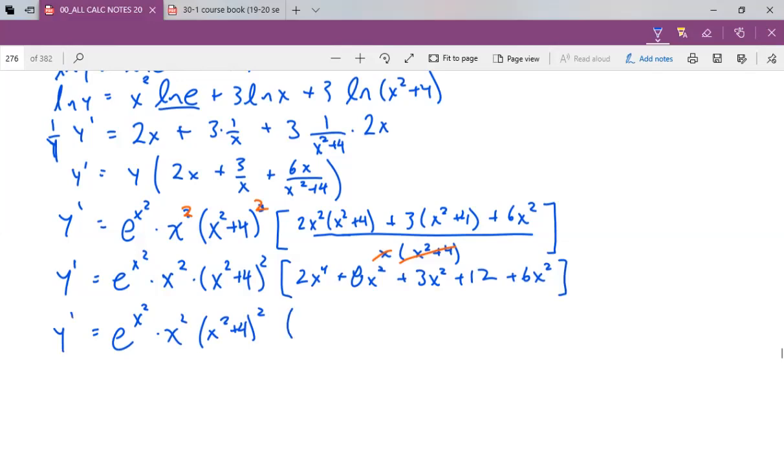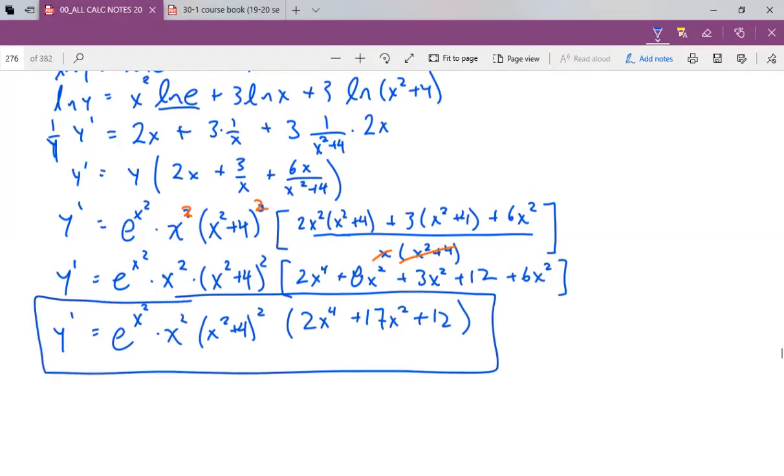And then we have 2x to the 4. We combine our x squareds and we have 17x squared plus 12. And that is it. So kind of a big schmoz of a question, but the differentiation part made much simpler by this logarithmic differentiation.